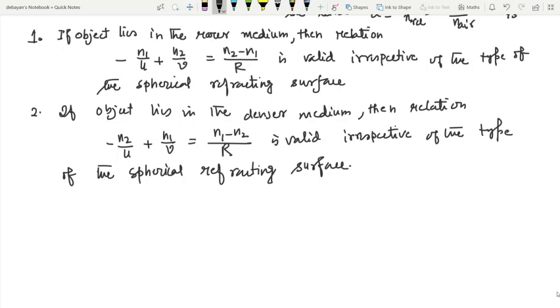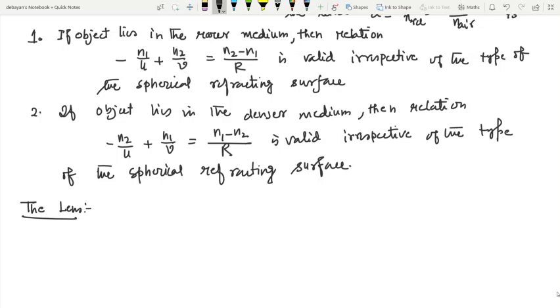You know that there is a concept of lens. What do you mean by lens? We know that a lens is a piece of transparent material that is bounded by two refracting surfaces, out of which at least one is curved.